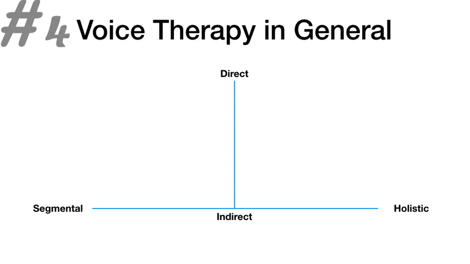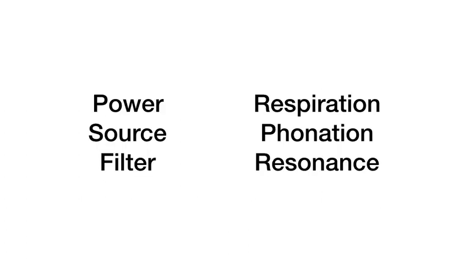Now let's zoom in on the difference between holistic versus segmental. Okay, let's look at the left first. So segmental just basically means that you're working directly on single voice components. For example, you might target respiration alone, like diaphragmatic breathing, or you might target phonation alone, like glottal stops or semi-occluded vocal tract, right?